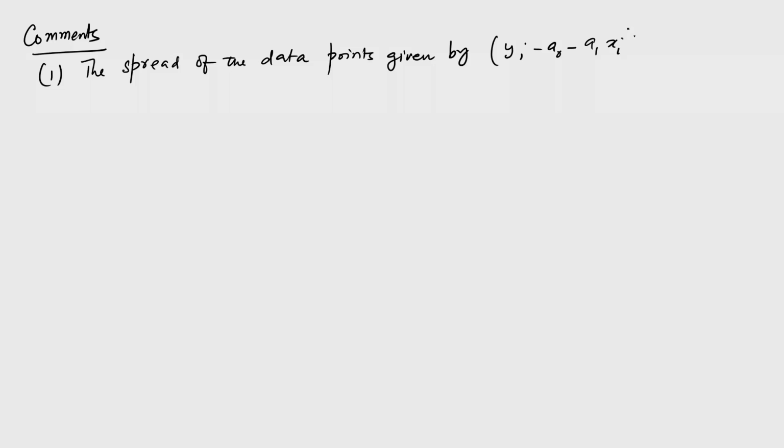One is that the spread of the data points, given by y_i minus a0 minus a1 x_i, square, around the line is of similar magnitude. Let me see what I mean by that.